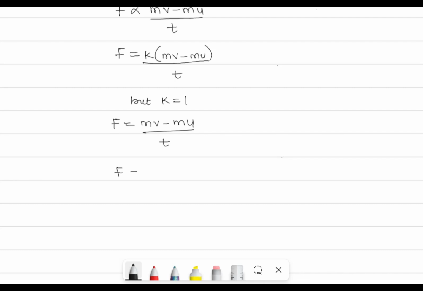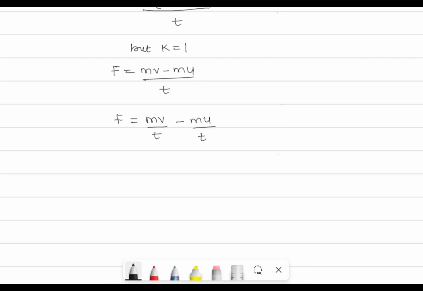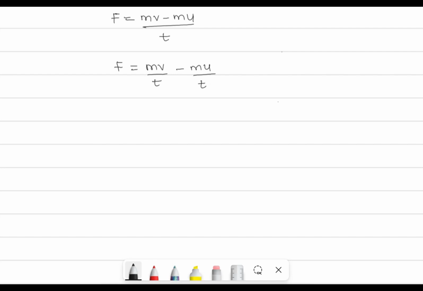F is equal to mv over t minus mu over t. And so clearly now we can see that there are three quantities here. What are the quantities? The first one is F. The second one is mv over t. And the last one is mu over t.